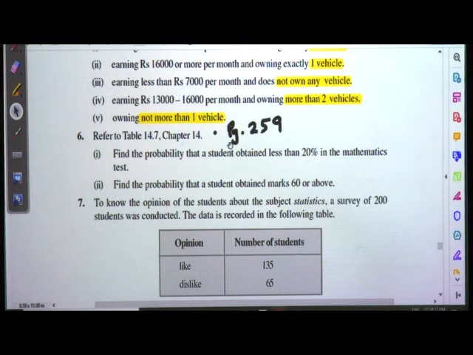Okay, marks 60 or above we can understand, not a problem. Find the probability that a student obtained less than 20% in the mathematics test.